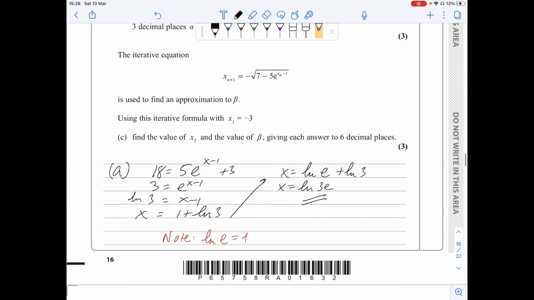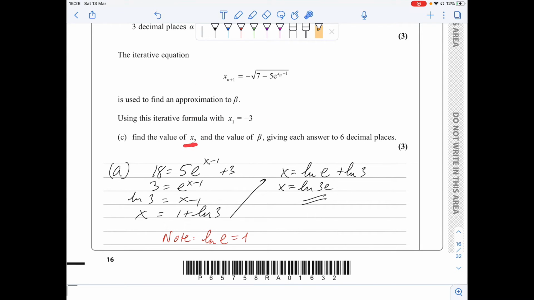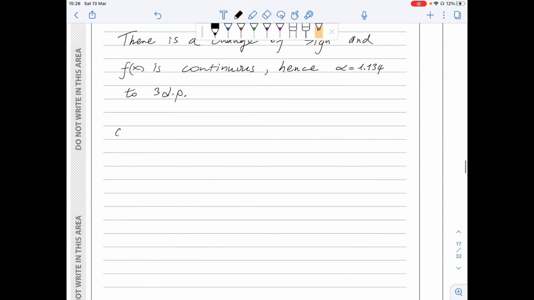Now in part C, I need to use this iterative formula with this starting value to find x2 and the value of the second root, giving answers to 6 decimal places. So x2 equals minus square root of 7 minus 5e to the minus 3 minus 1.